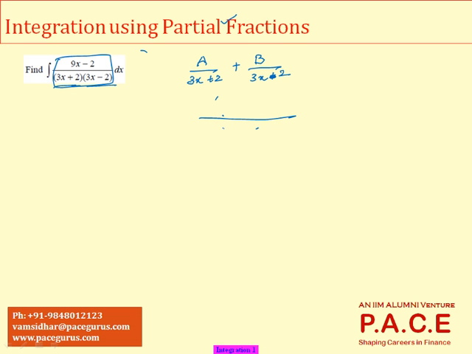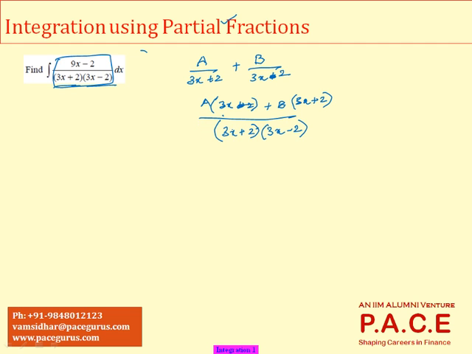Now, if I do this with an LCM based method, 3x plus 2, 3x minus 2. So this becomes a into 3x minus 2, and this becomes b into 3x plus 2.